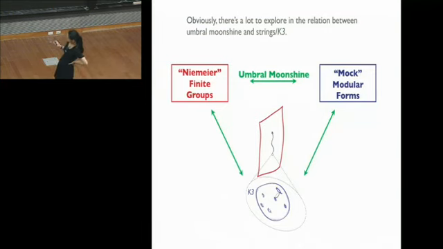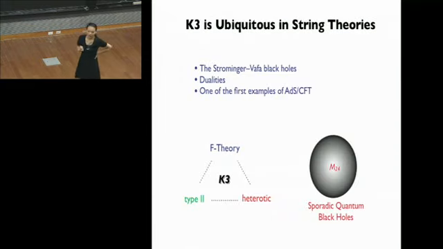One motivation is, of course, to understand Umbral Moonshine, what is really going on between this mysterious connection between two mathematical objects, but it is also important for string theory on its own, because as all the string theorists know, K3 is ubiquitous.